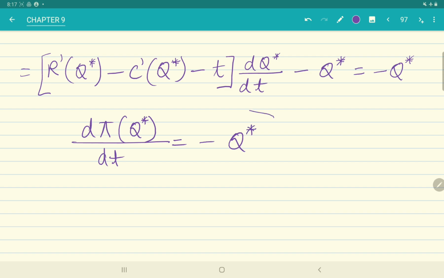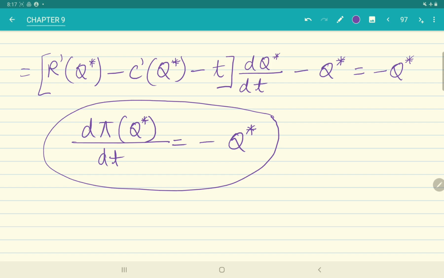This is what we have proved. The negative sign just means that if you increase the tax rate, the optimal profit is going to decline, and as the tax rate increases by 1 unit, the optimal profit is going to decline by q star units.